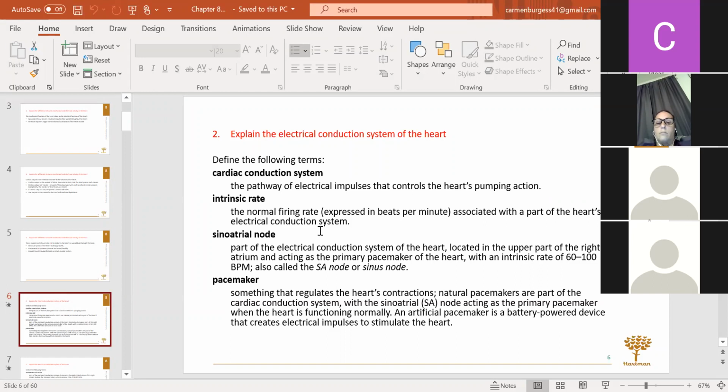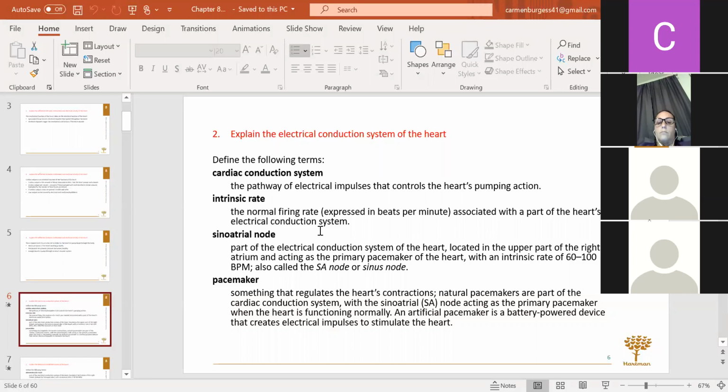But if your heart doesn't fire at that SA node, say the SA node burns out, your heart's just not going to stop. There's going to be another spot that picks it up. Each one has an intrinsic rate. It's going to actually get slower.